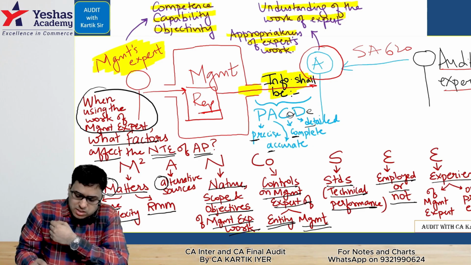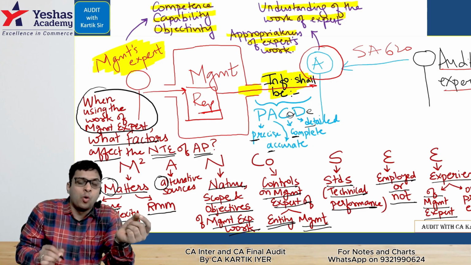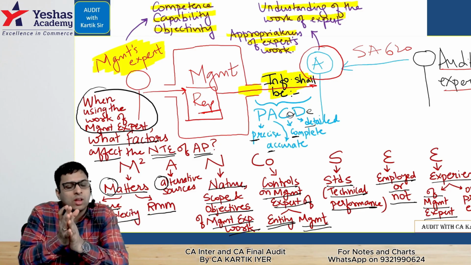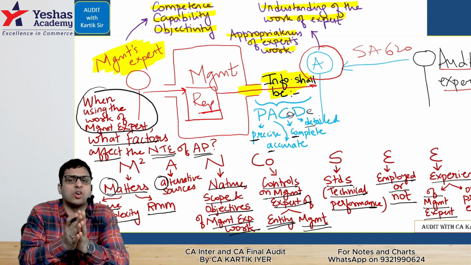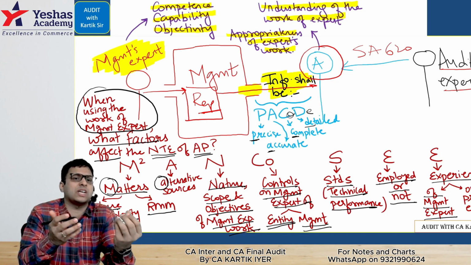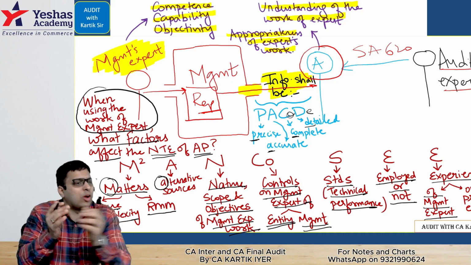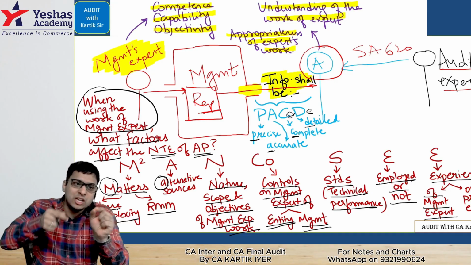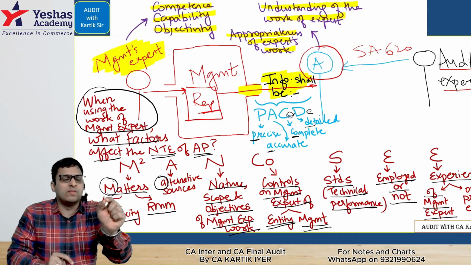Experience, very good point. Experience of the management expert. If Arpita is a management expert, what kind of experience she has in her field of expertise. Let's say she's a valuation expert with an experience of 25 years, then I can rely on her report more. If she has experience of just half a year or 1 year, I may not rely on her report as much. Her experience. And last is my experience of working with the expert.